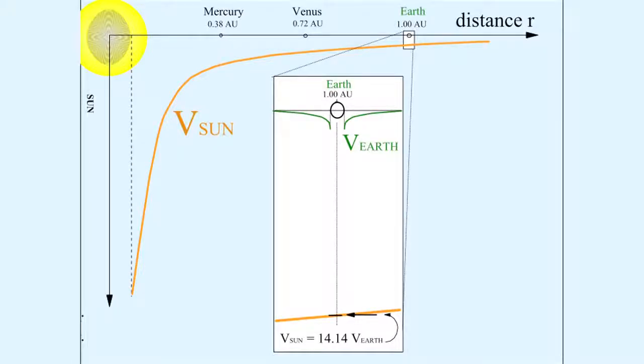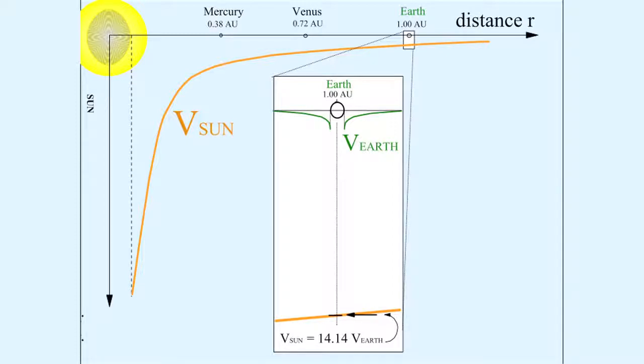Let's take a look at what we mean by gravitational gradient. If you look at the gravitational gradient of the Earth in comparison to that of the sun, if you are just above the surface of the sun, there's a very strong gravitational potential.